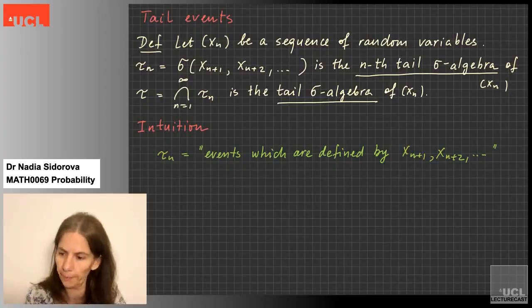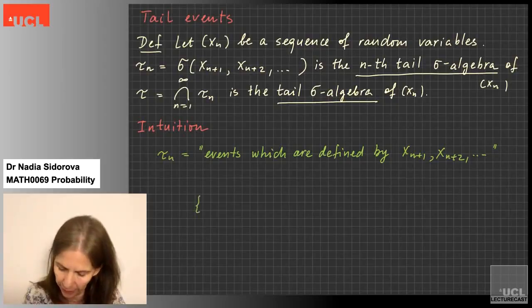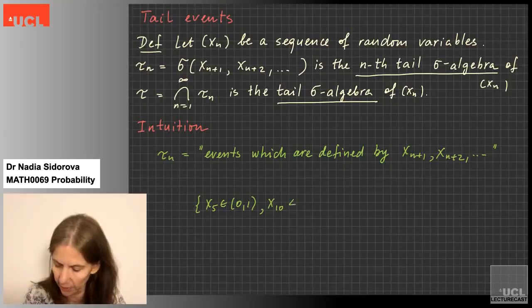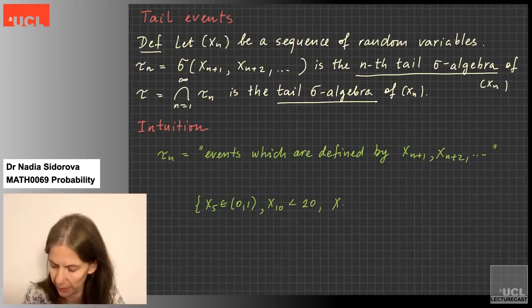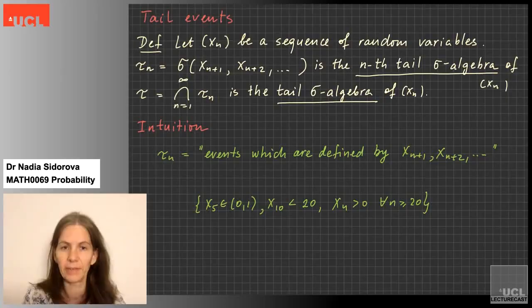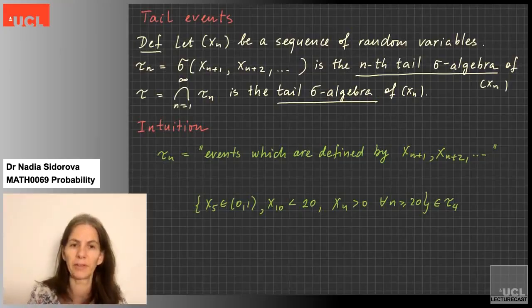So, for example, if I look at the event, let's say x5 belongs to 0, 1, x10 is less than 20, and then maybe xn is positive for all n greater or equal than 20, then this event belongs to tau 4, right? Because it is determined by the random variables numbered 5 and higher.